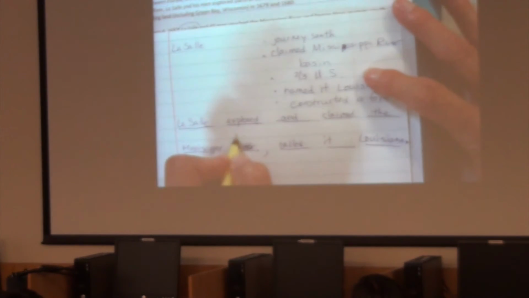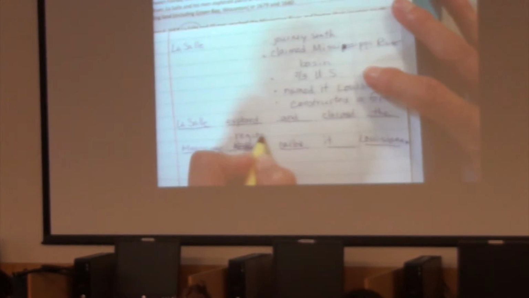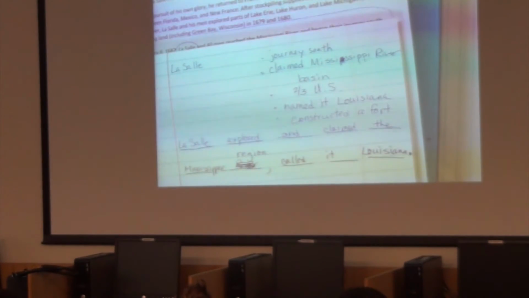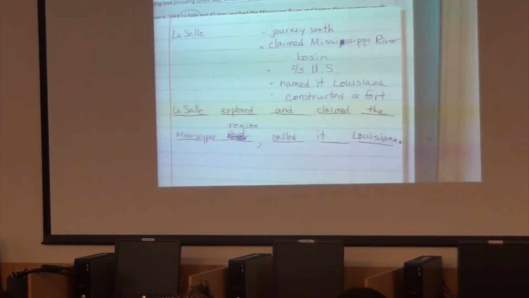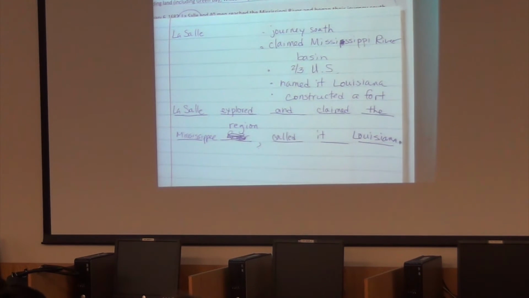Mississippi region, or basin, Mississippi basin, because that gets more than just the river, it gets the whole area in there. Thank you for that help. So we're writing this on our note card. LaSalle explored and claimed the Mississippi region, called it Louisiana.